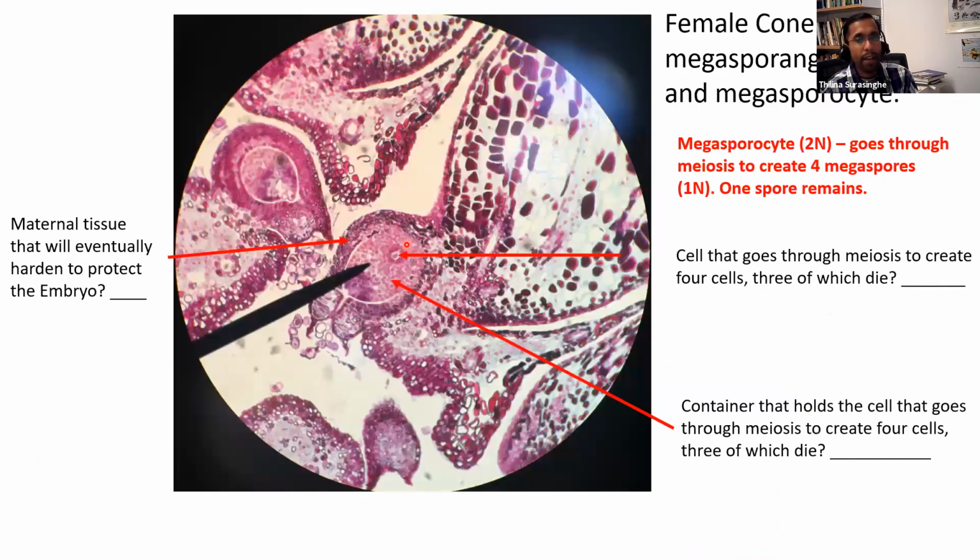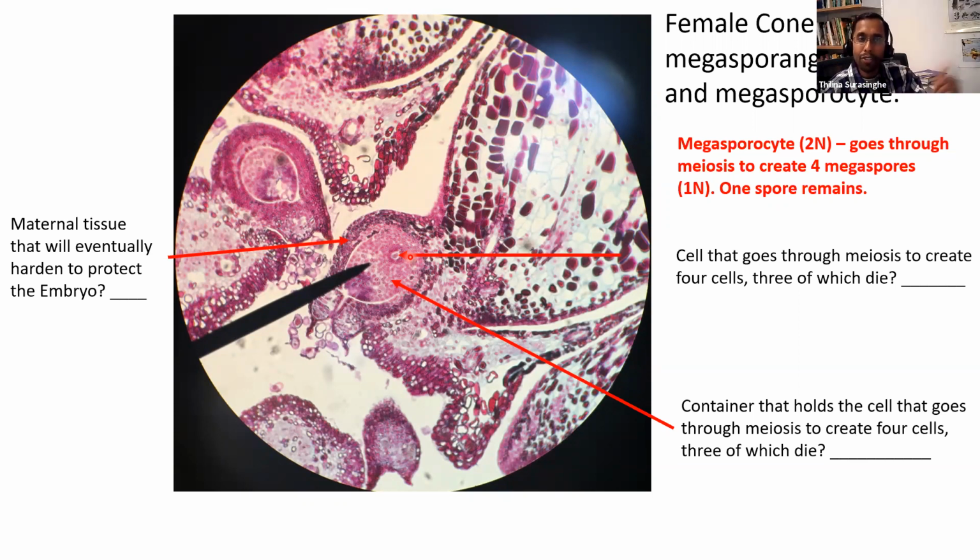We are all set. Okay, back to this question. What do you call this particular cell that will undergo meiosis? Megaspore is the cell that is produced after meiosis.